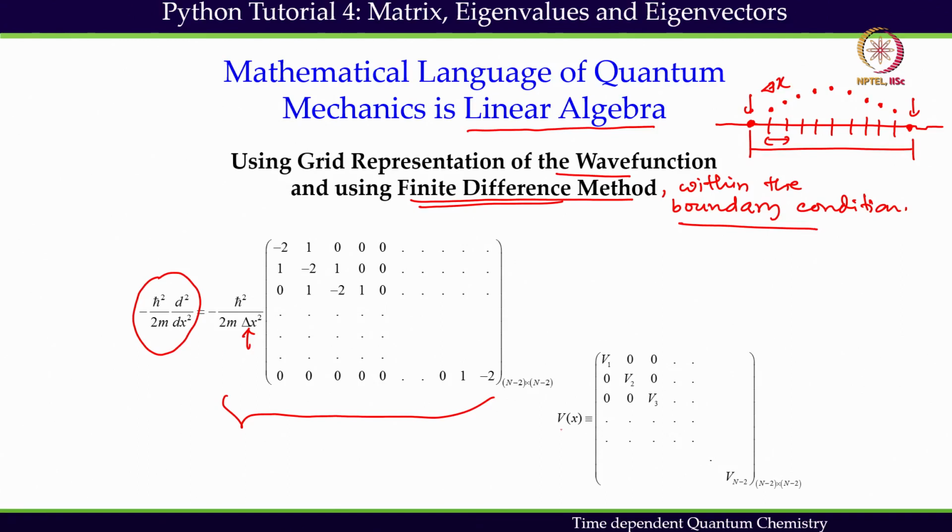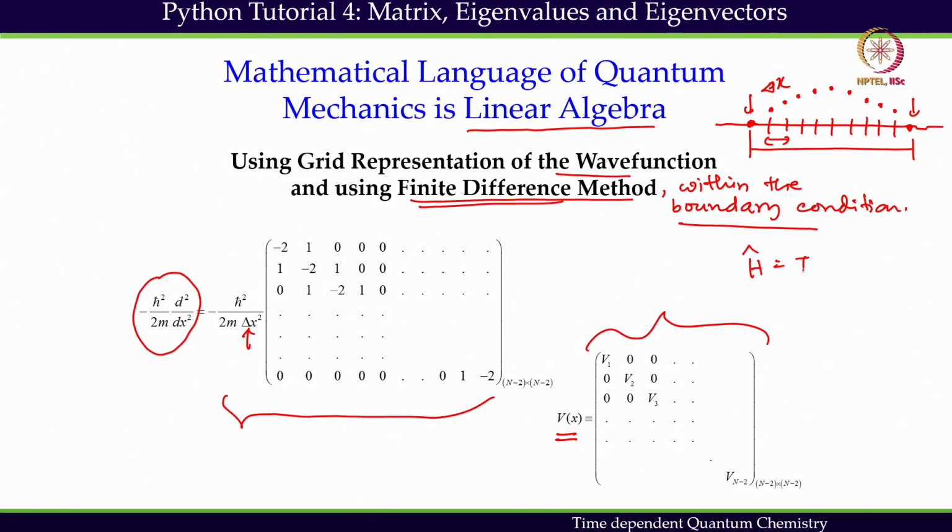operator. On the other hand, the potential energy part can also be represented in matrix form, and it gives me a diagonal matrix. So, potential energy is a diagonal matrix, kinetic energy is a tri-diagonal matrix, and if we add them together we get the total Hamiltonian.